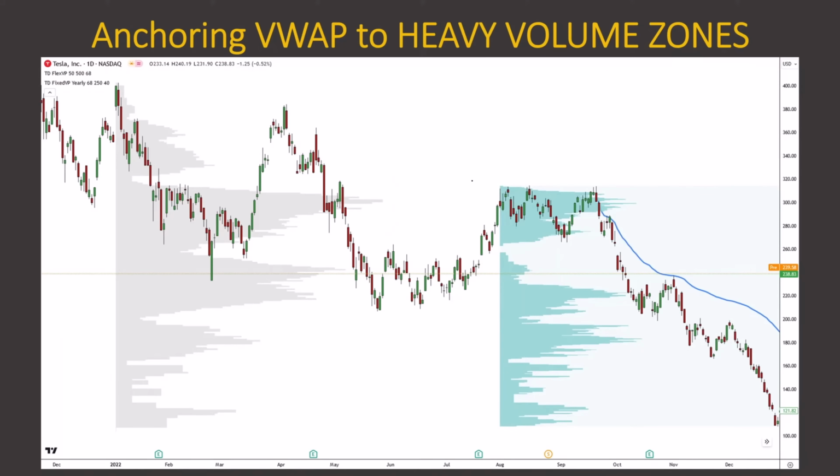Now here is the last example of this. It is on Tesla and it is daily chart. In here you can see a rotation followed by a trend. In the rotation you have heavy volumes, and you anchor the VWAP here to this candle, which is start of this trend and end of the rotation.